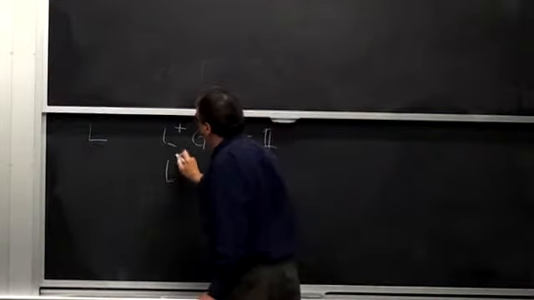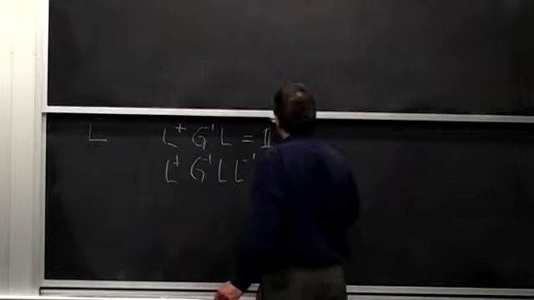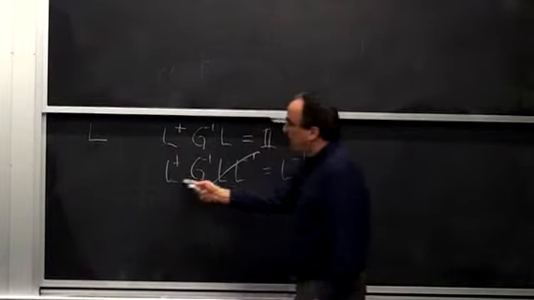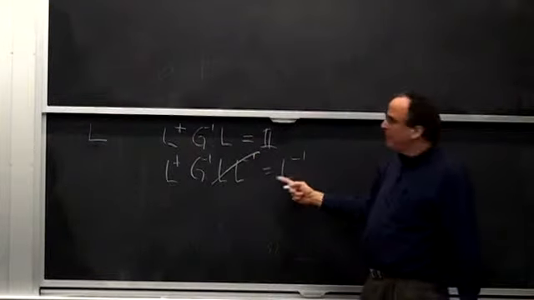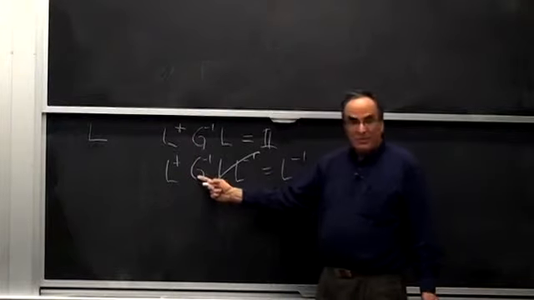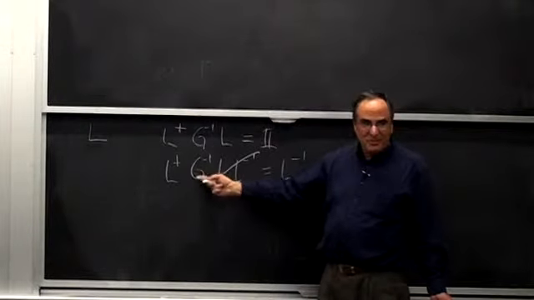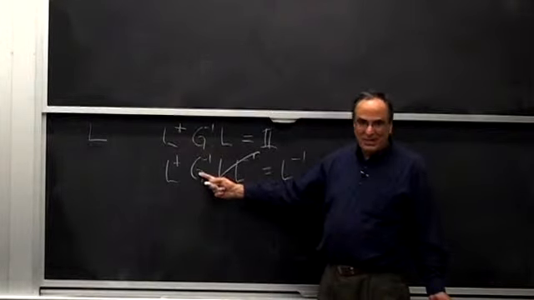So we have L dagger, G minus 1, L minus 1. Symbolically, the inverse L matrix is just L dagger, which you know, and G inverse, which you don't know. You have to invert G. So some matrix is going to have to be inverted, either L or G. Doesn't matter.